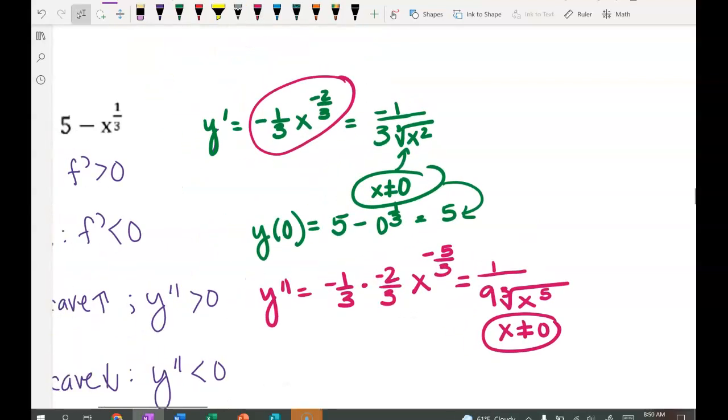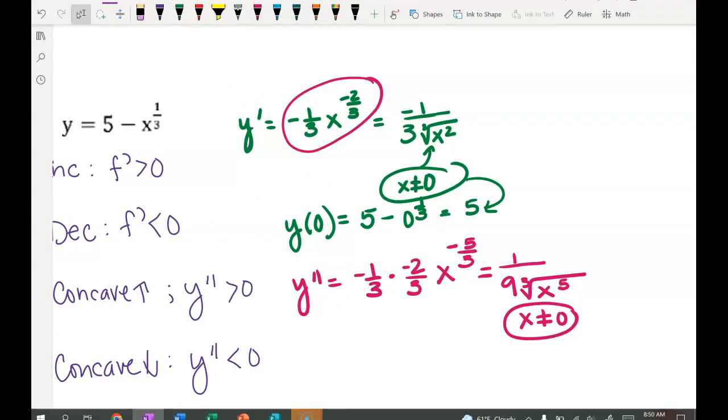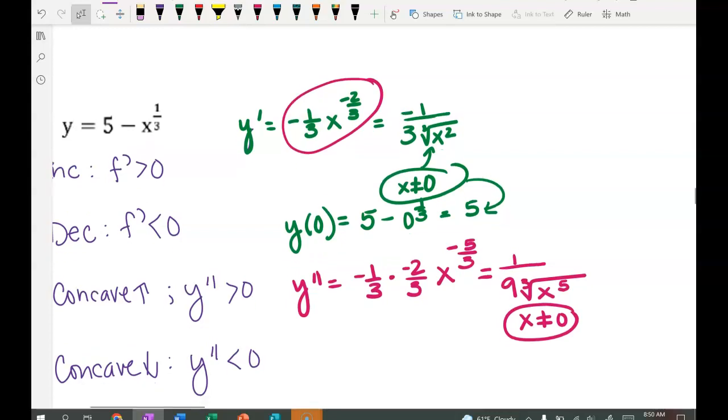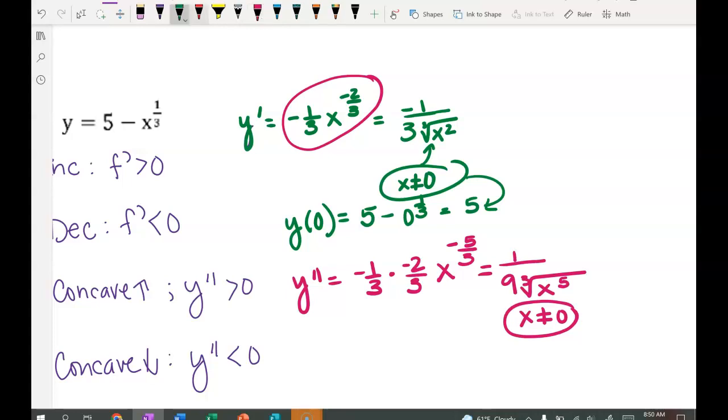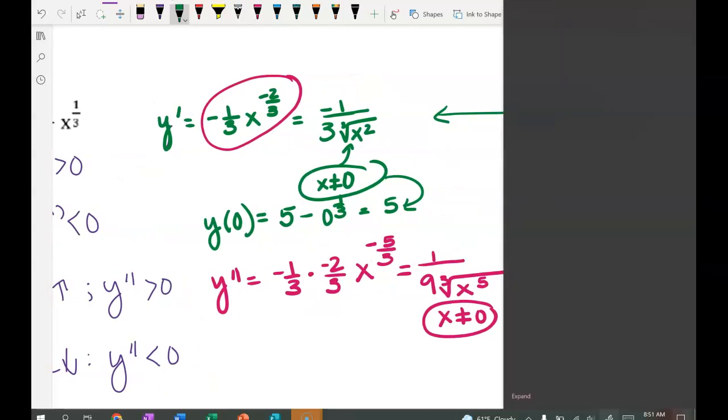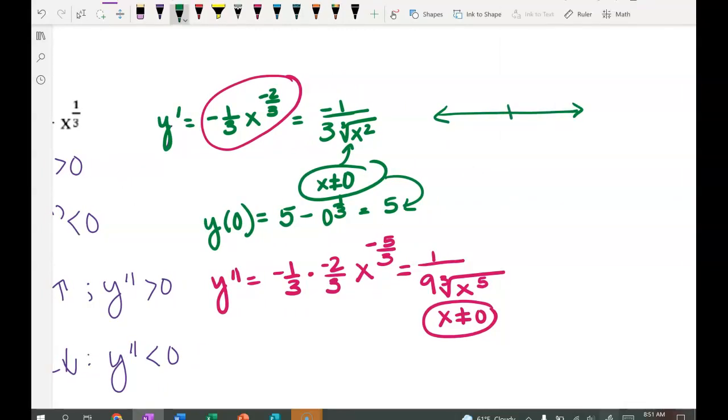Okay, so here we have all three equations. The original equation, f of x, or y equals 5 minus x to the 1/3. We have the first derivative, we have the second derivative. Now let's make the number line for the first derivative and the second derivative. Okay, so we only have one x value to use, guys. This is the first derivative, and then I'm going to make another number line for the second derivative right below it.